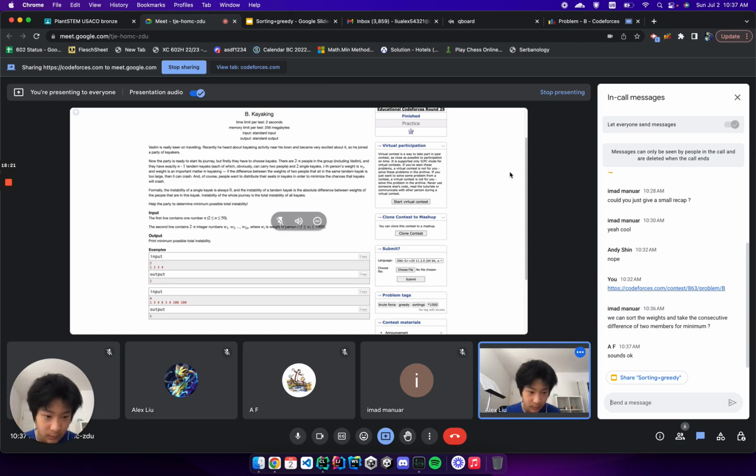Okay. But yeah, we can sort the weights and take consecutive differences. But how do we choose which ones to do for the single kayaks?